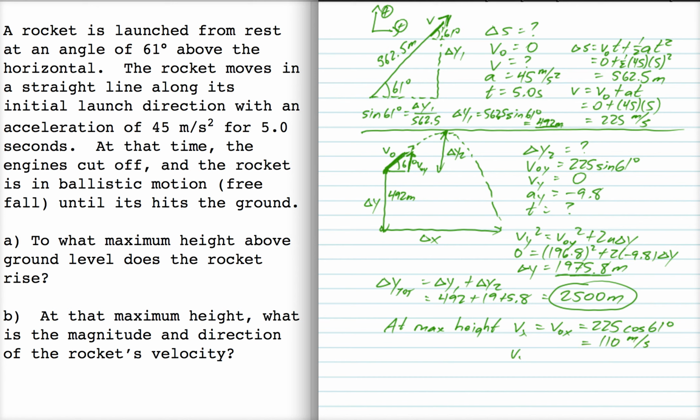The y component is 0, right? Remember, just to elaborate on this, that when you're in free fall, the x velocity is constant because the x acceleration is 0, right? And at max height, the y component of the velocity is 0, so that's easy. I've got both components of the velocity at maximum height, and that tells me that the velocity is 110 meters per second in the plus x direction.